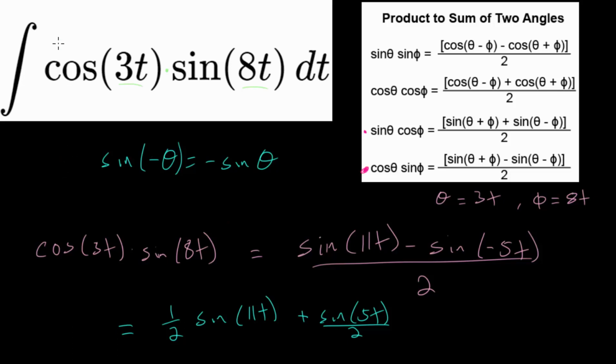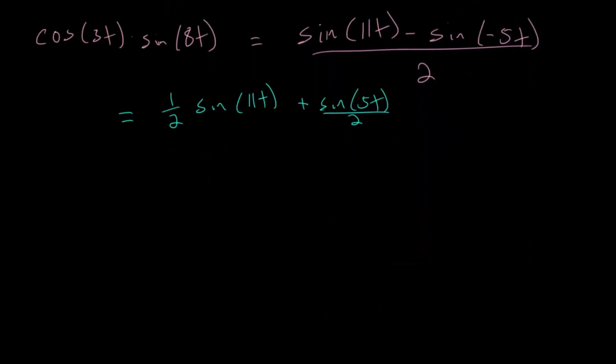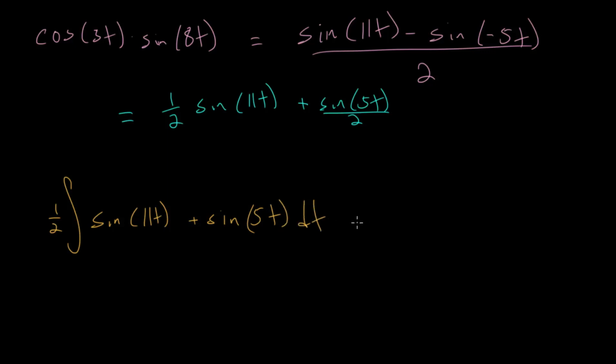Now, we want to find the integral of this expression with respect to t, so let's rewrite everything using this new identity. We have the indefinite integral, and we can factor the 1/2 out. We have the sine of 11t plus the sine of 5t, all integrated with respect to t.